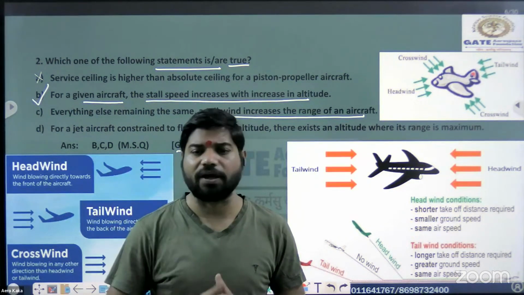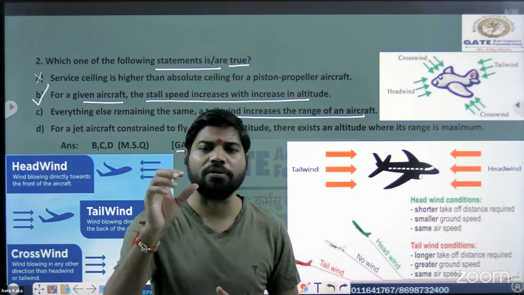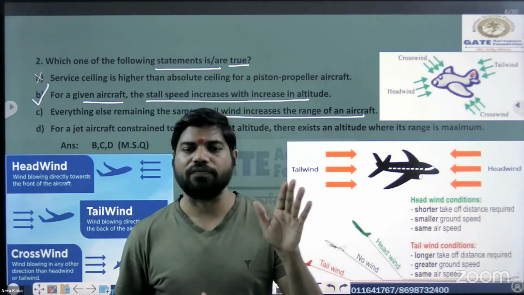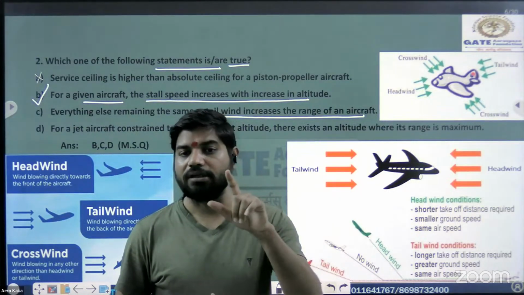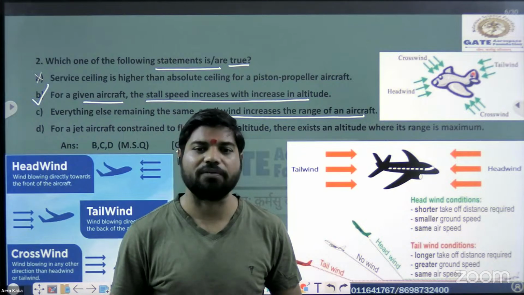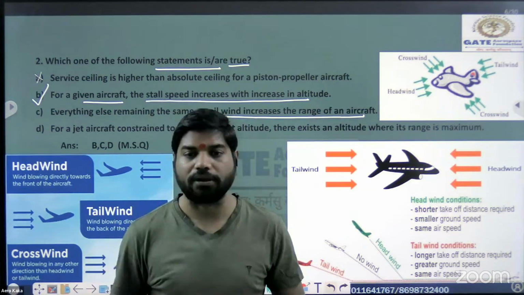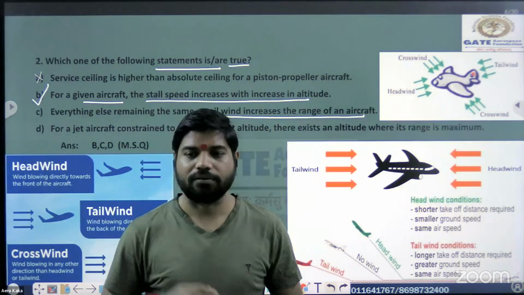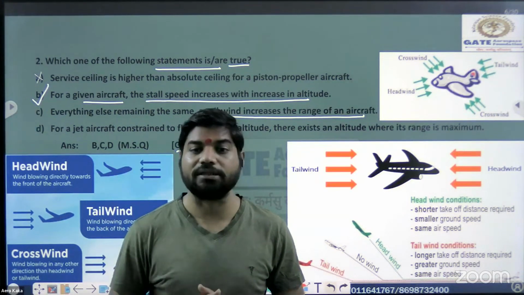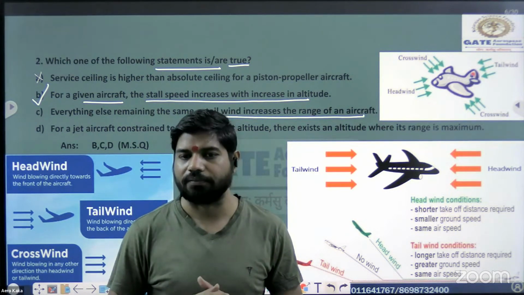Tailwind is favorable. The reason is it increases the range of the aircraft, because the range of the aircraft is not a function of the airspeed, but a function of the ground speed, right? Check please. Are you getting this? Please go through the formula. Please refer to notes properly. Please keep revising as much as you can.